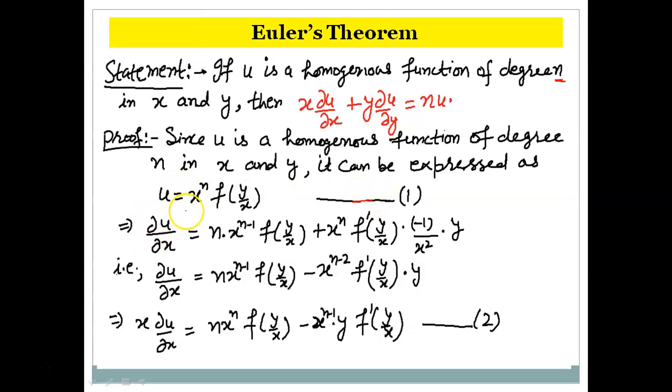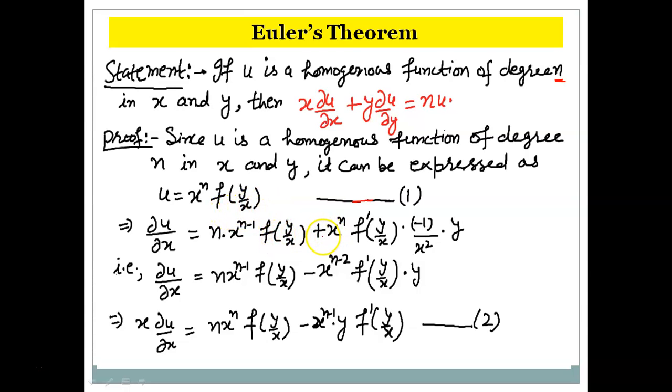Now you partially differentiate equation 1 with respect to x. So you have del u by del x equal to, on the right hand side, the derivative of the first function, where you will apply the product rule. The derivative of this is n into x raised to power n minus 1, and the second function is left as such.